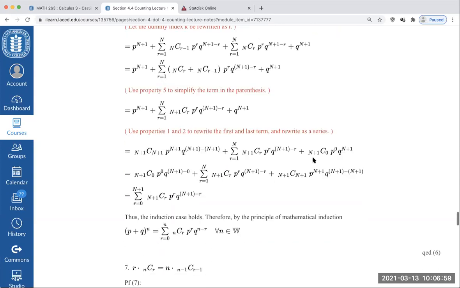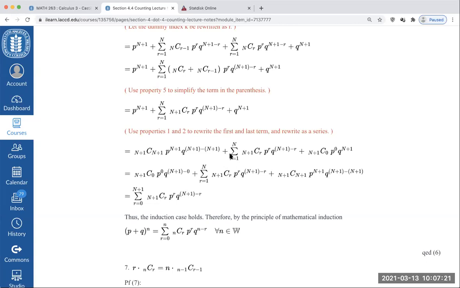And so next, let's write this last term as my first term. (N+1)C0, p to the 0, q to the capital N plus 1 minus 0. So I haven't changed anything. I just subtracted 0 here. Plus, we write the same sum term here.